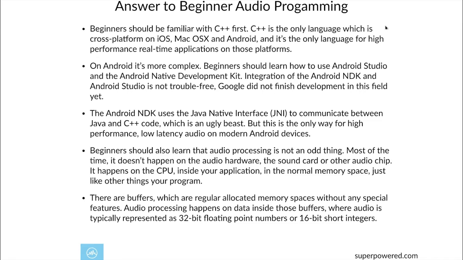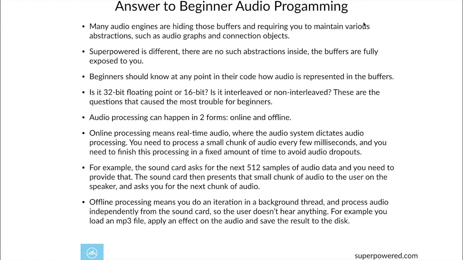Of course, many audio engines are hiding those buffers because they require you to learn tons of very strange and abstract things like audio graphs and connection objects and lots of abstract things which I really do not like because audio processing is not special.